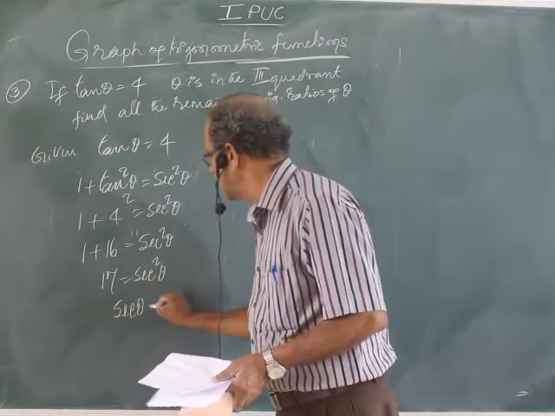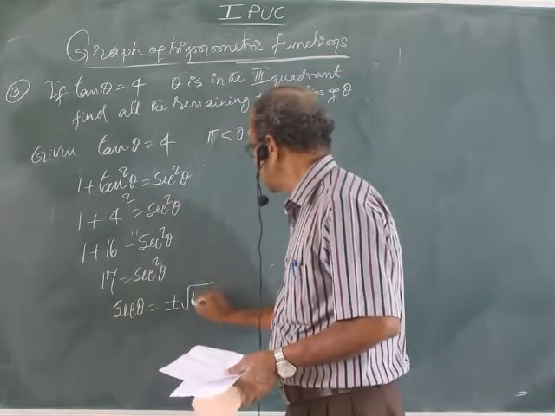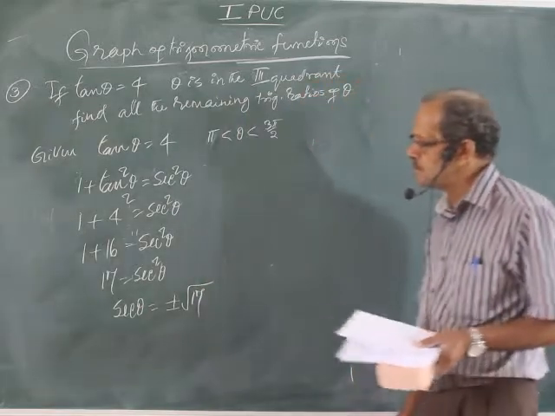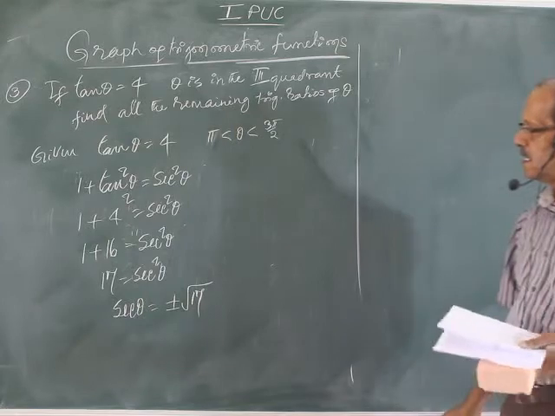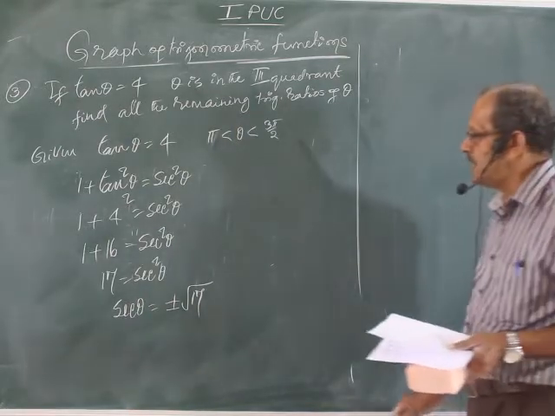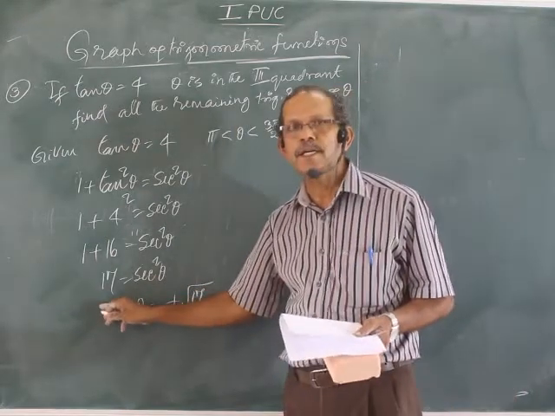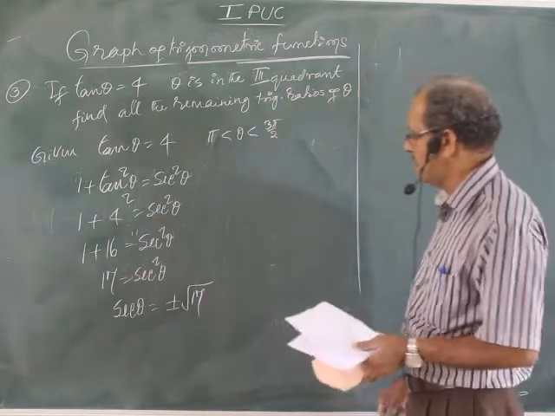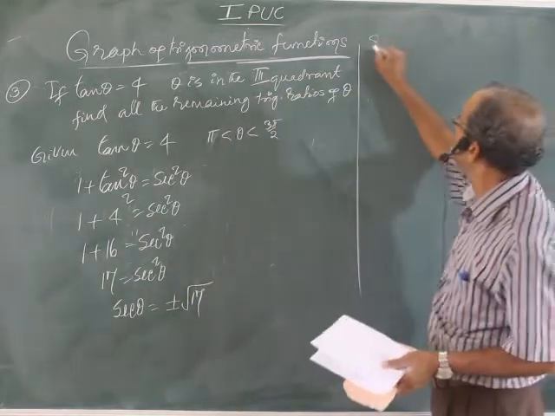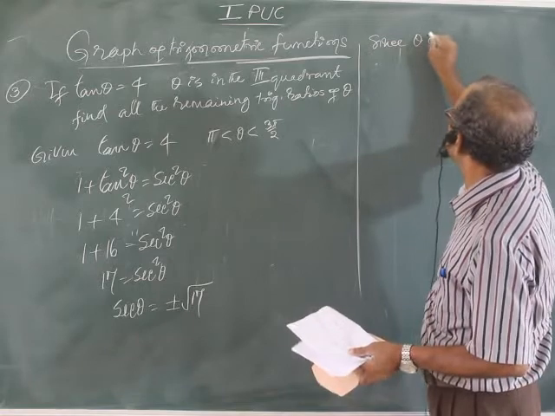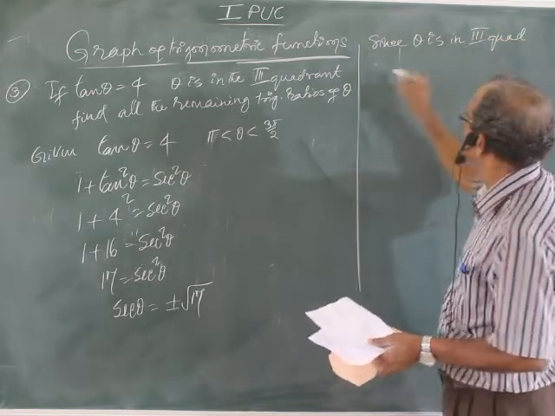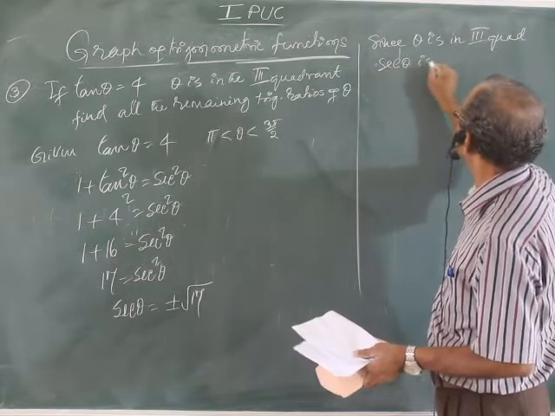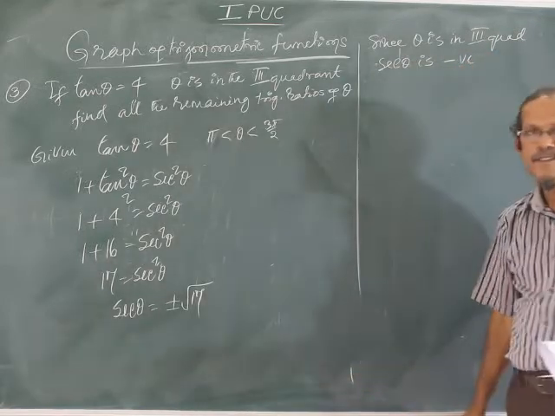Secant theta equals plus or minus root 17. Whenever a square is there, when you take the square root, it is plus or minus. Since theta is in the third quadrant, secant theta is negative, correct?